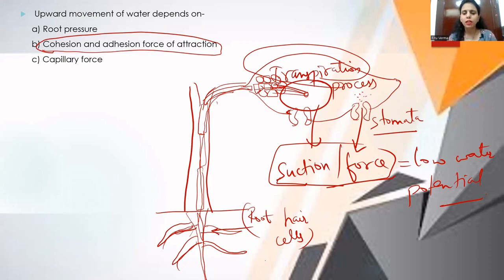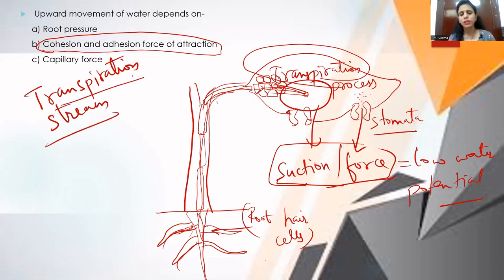This continuous movement of water from the roots of the plant through the stem, then branches, and finally to the leaf, because of transpiration pull, is known as transpiration stream.